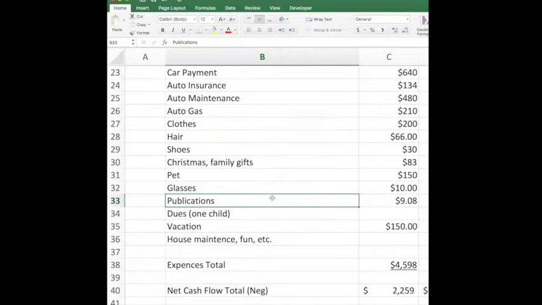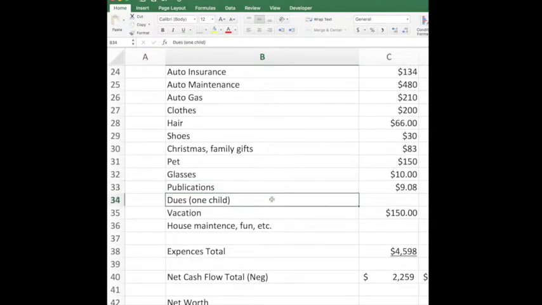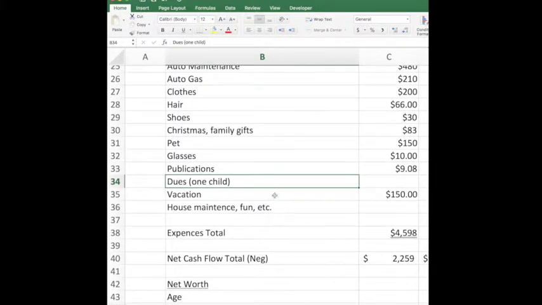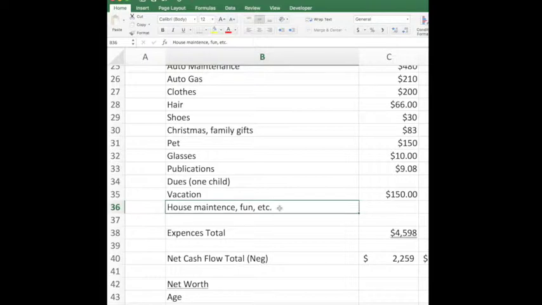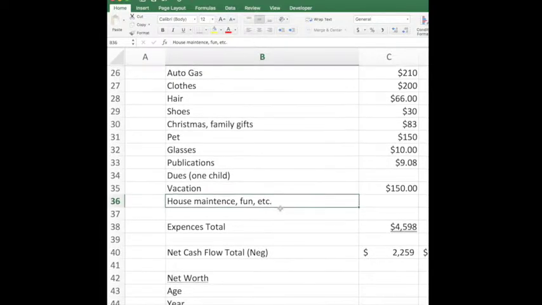Publications, this includes your internet apps, your Netflix, all that kind of stuff would go in here. Dues, if you've got dues for PTA or beyond that, you can have union dues in your job, or you can have other things for clubs. You're going to have some vacation, we hope. House maintenance, fun, etc. is kind of a catch-all for this particular person. You can set this up any way you want, and of course you end up with expenses total.